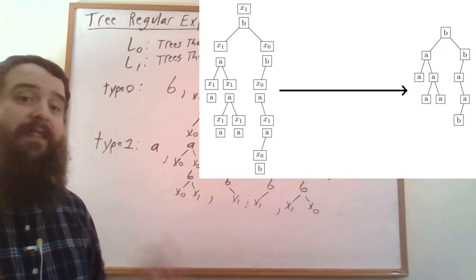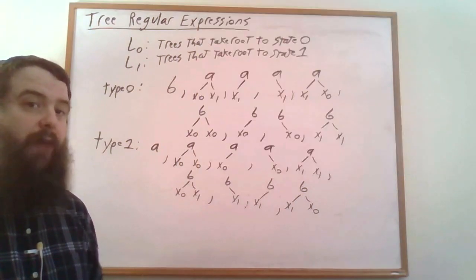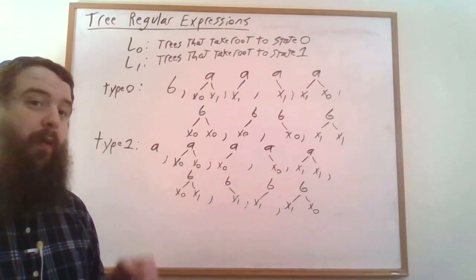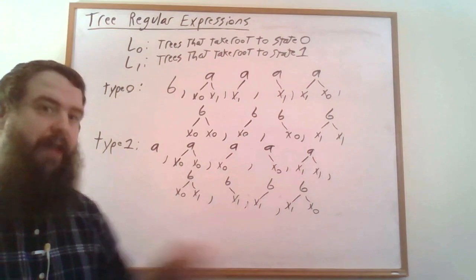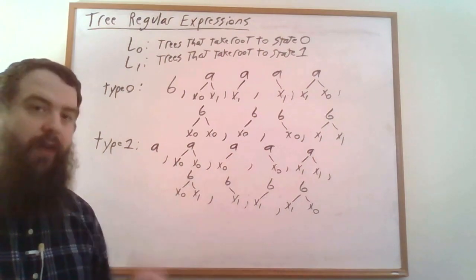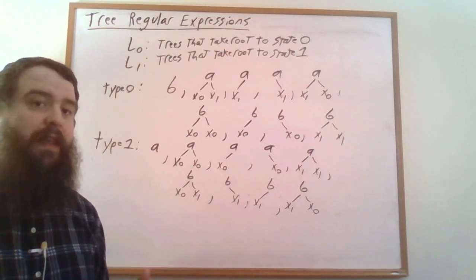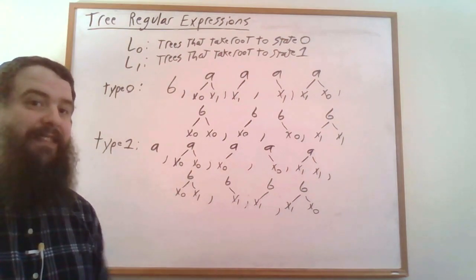The problem is, this isn't what the Kleene star for trees allows us to do. It lets us only pick one character and one set of trees, and arbitrarily replace that character as a leaf with trees in that set.